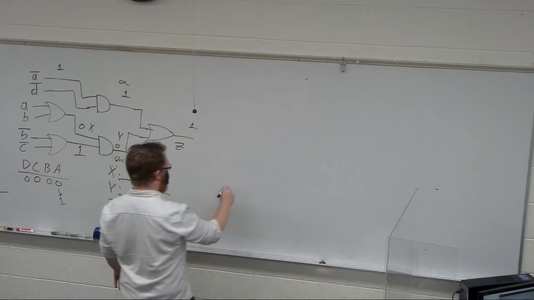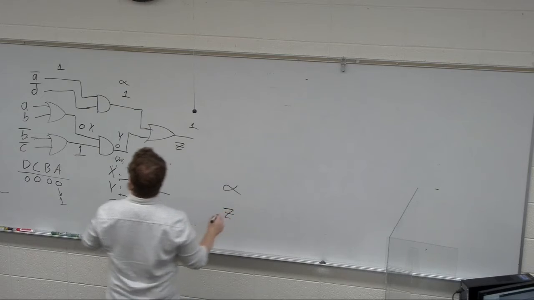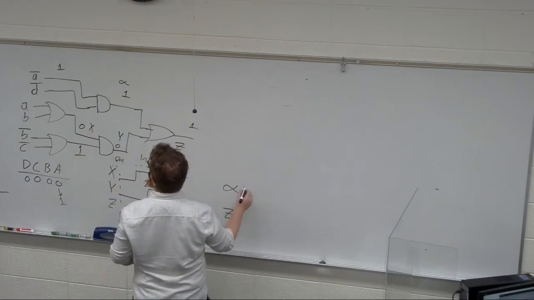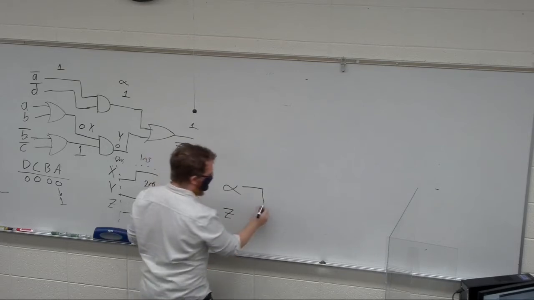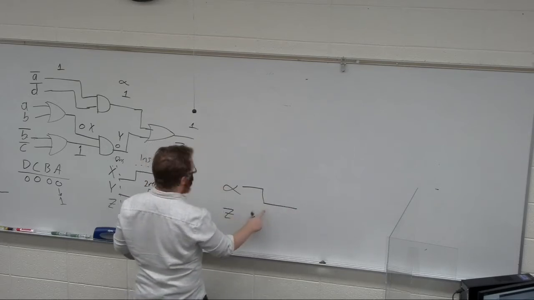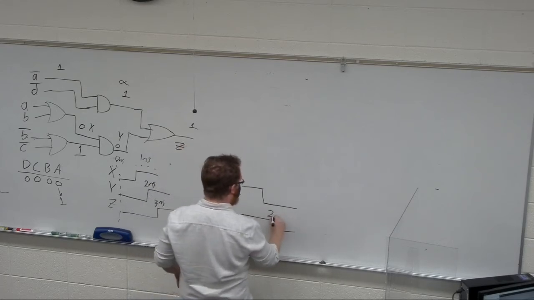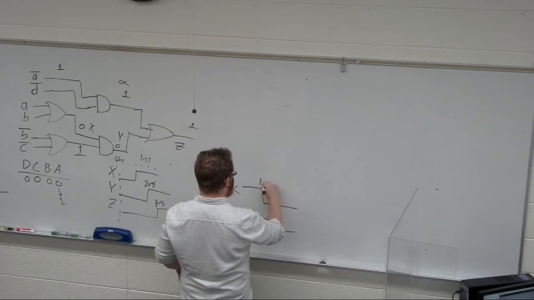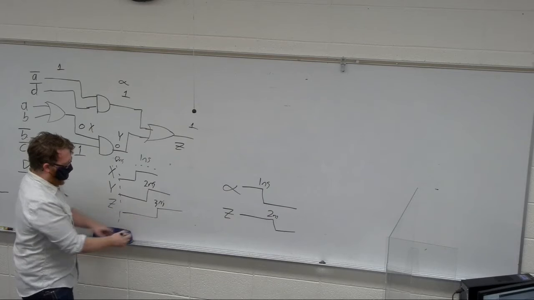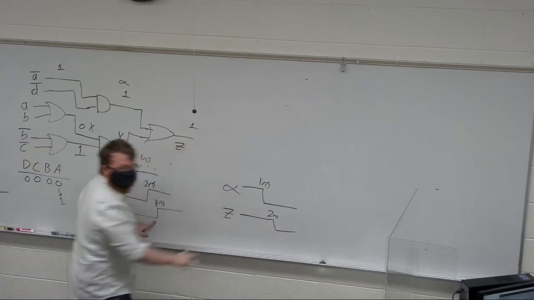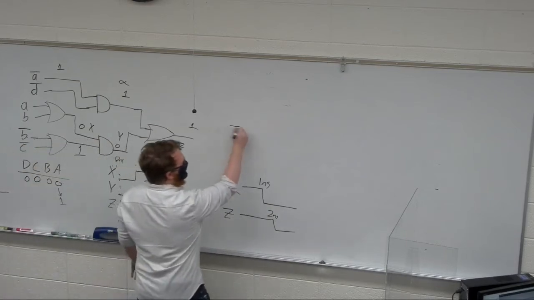So at time 0, we have node alpha and Z. 1 nanosecond after A changes, alpha drops to 0. And 1 nanosecond after that, Z drops to 0. So Z is dropping to 0 at 2 nanoseconds, and this is dropping at 1 nanosecond. If you stack those up, you can see that this is 0, and at the same time Z is 0. So your output is 0. Your final output of Z is going to look like this.